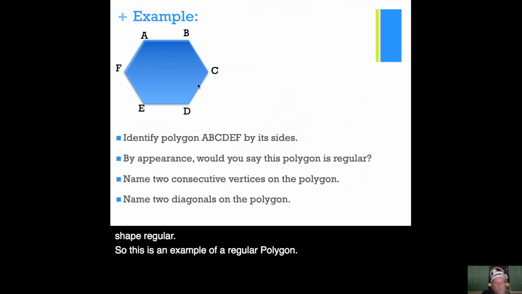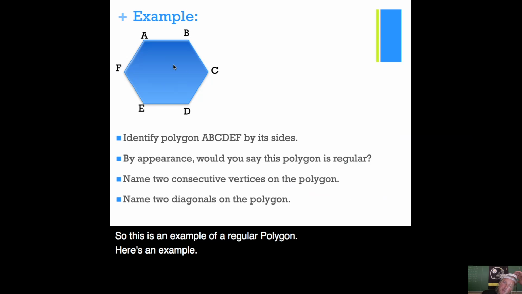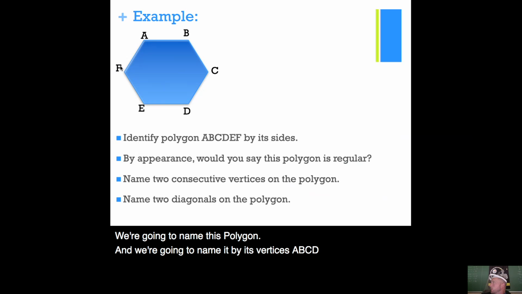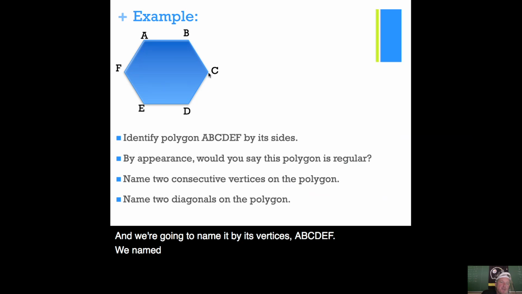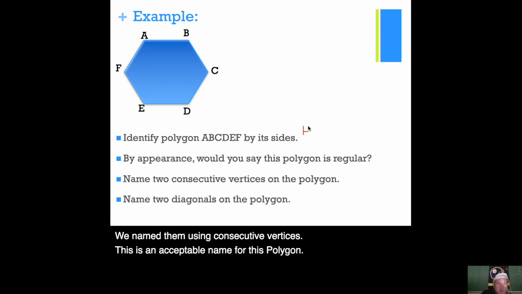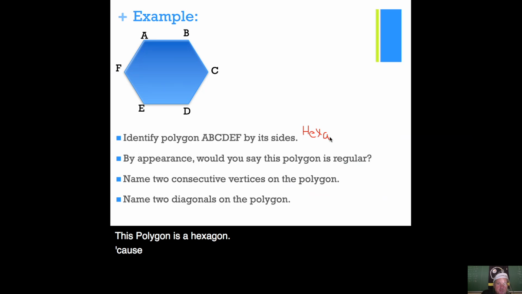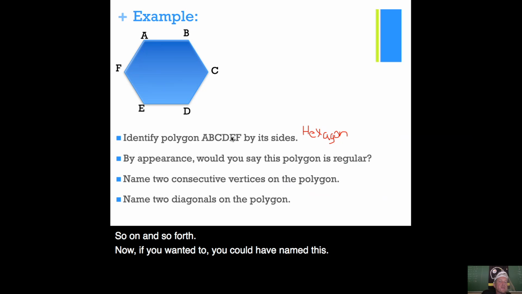Here's an example. We're going to name this polygon by its vertices. A, B, C, D, E, F. We name them using consecutive vertices. So this is an acceptable name for this polygon. This polygon is a hexagon because there's 6 sides, 6 vertices, so on and so forth. Now, if you wanted to, you could have named this using a different arrangement of these letters.